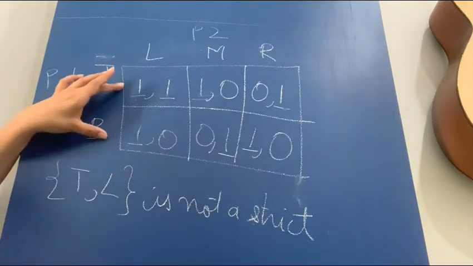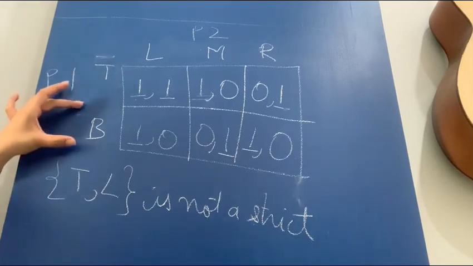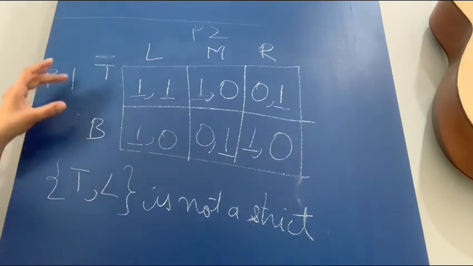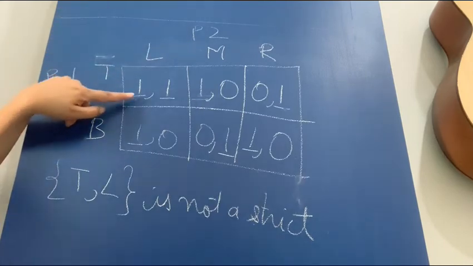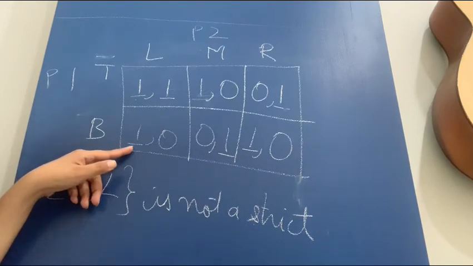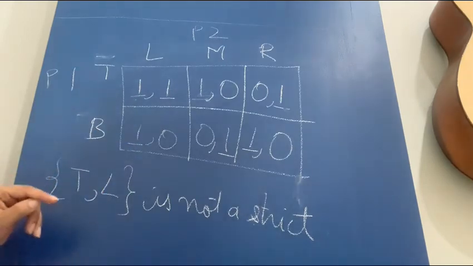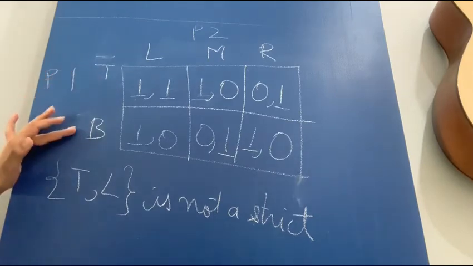In this game, T is not strictly better than action B for player 1, because if player 2 has chosen L, T is giving a payoff of 1, and B is also giving a payoff of 1 to player 1. Therefore, T is not an action which is strictly better than B.